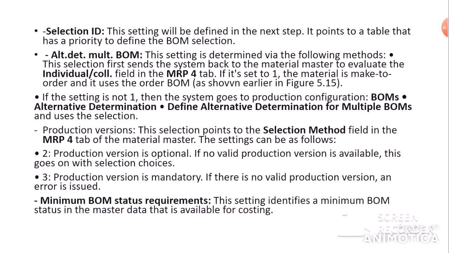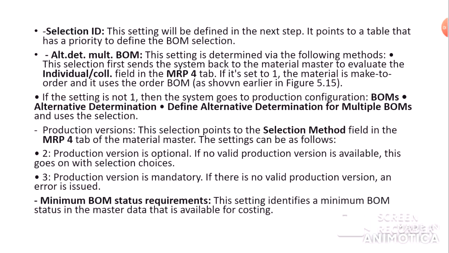If the setting is not 1, then the system goes to the production configuration, BOMs, define alternative determination for multiple BOMs and uses the selection Production versions. This selection points to the selection method field in the MRP4 tab of the material master. The settings can be as follows. Production version is optional.